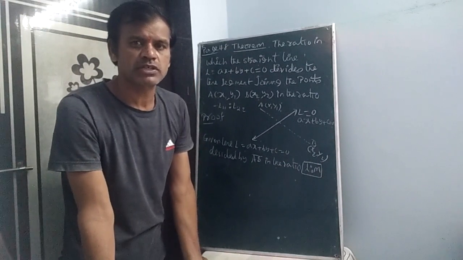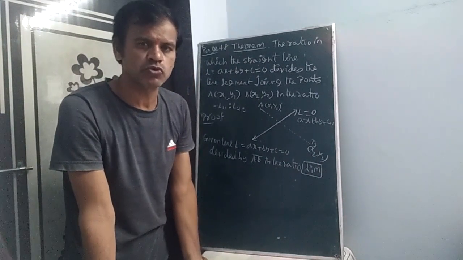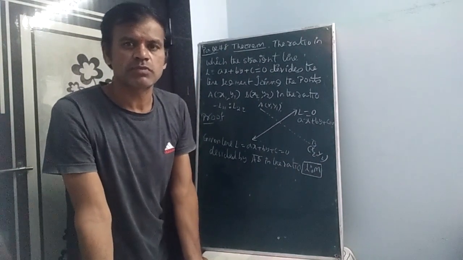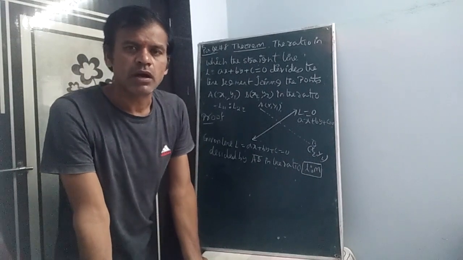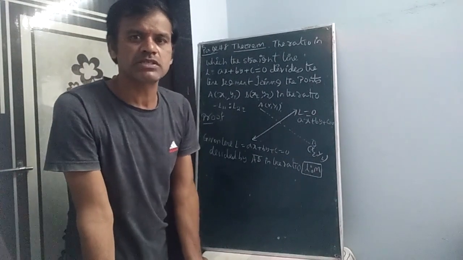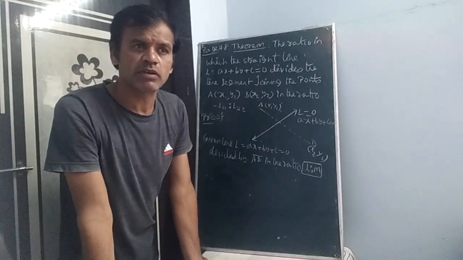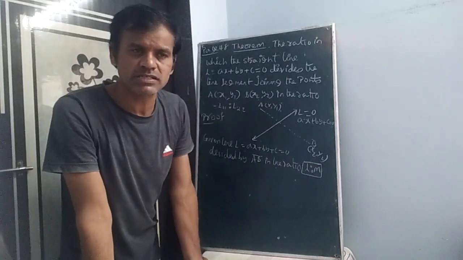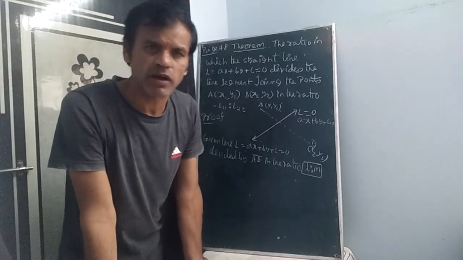The formula (M1x2 plus M2x1) by (M1 plus M2) and (M1y2 plus M2y1) by (M1 plus M2), or (Mx2 plus Nx1) by (M plus N) comma (My2 plus Ny1) by (M plus N), you have learned in 10th class itself. It is called the section formula.